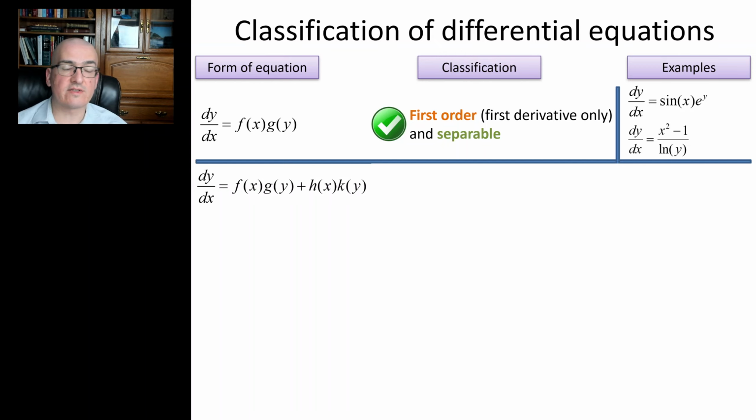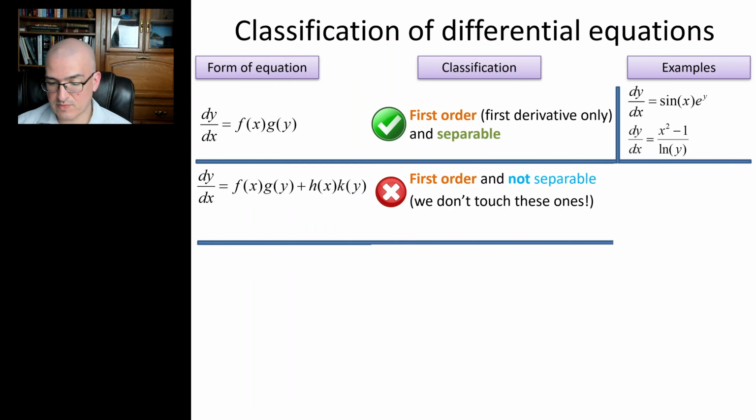We could subtract it to the other side too, but now it's missing the differential, and it has an x term in it. And there's no, in general, way that we could rearrange this to be solved using a separable format. So the ones that are first order, non-separable, and have a general form like this, we can't do much.